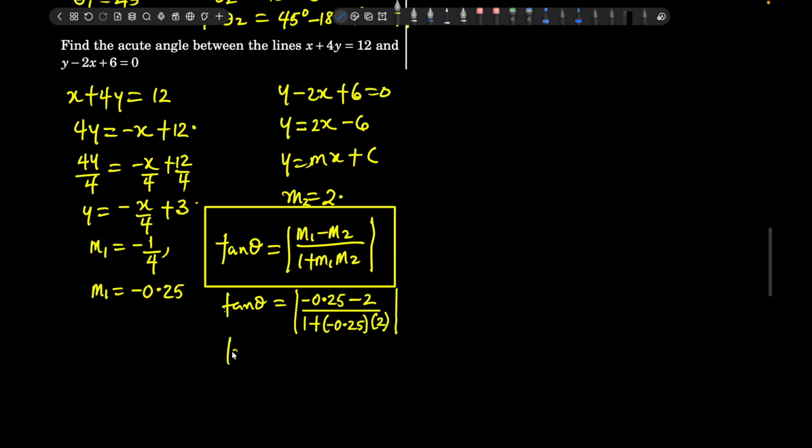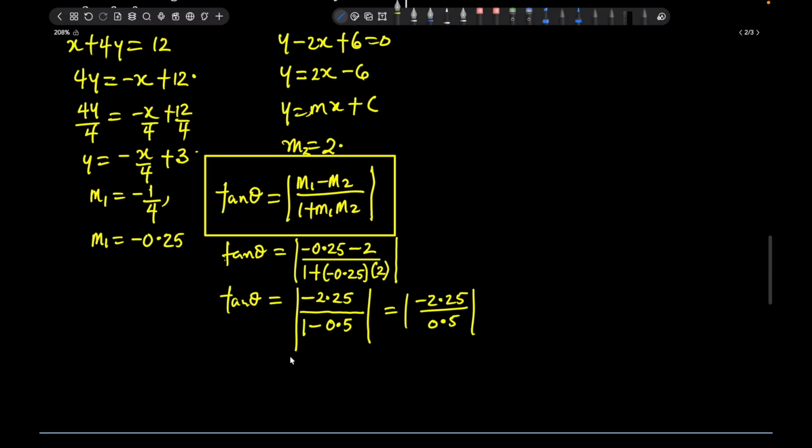Now we have tan theta is equal to, what you have on the top is going to be minus 2.25 over, now from here you're going to have 1 plus minus 0.25 times 2. That is going to give you 0.5. Now this is going to be equal to minus 2.25 over 0.5, absolute value.